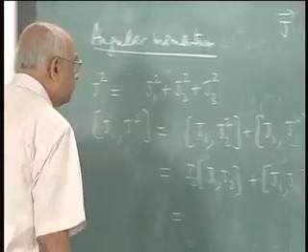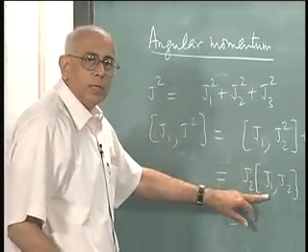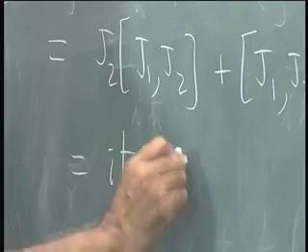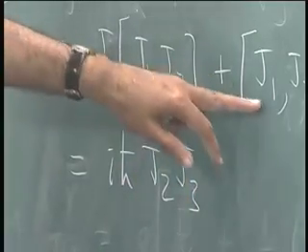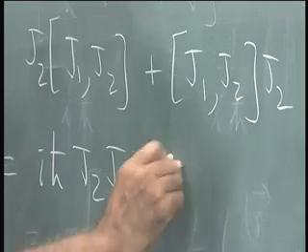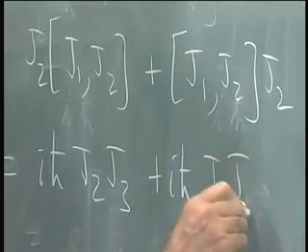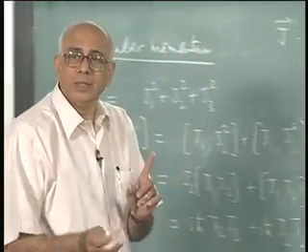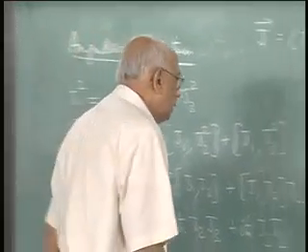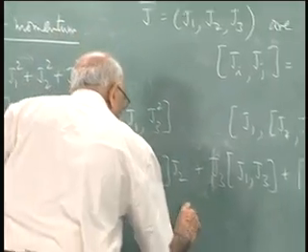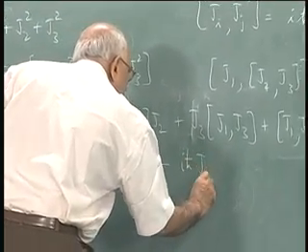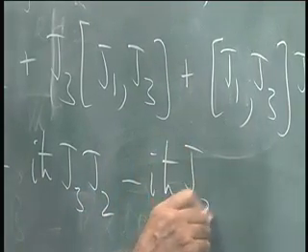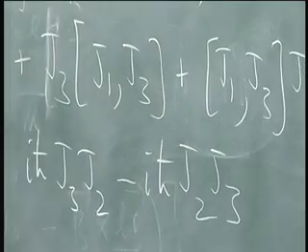That is equal to, J1 J2 is i h-bar J3, right. So this gives you i h-bar J2 J3 plus i h-bar J3 J2, and J1 with J3 is minus i h-bar J2, so this is equal to minus i h-bar J3 J2 minus i h-bar J2 J3, and of course this is 0.